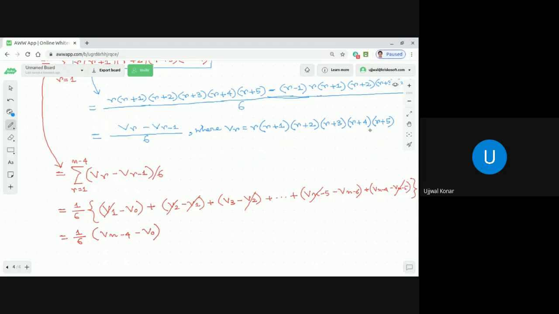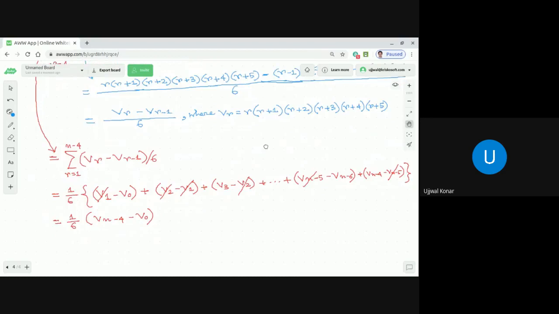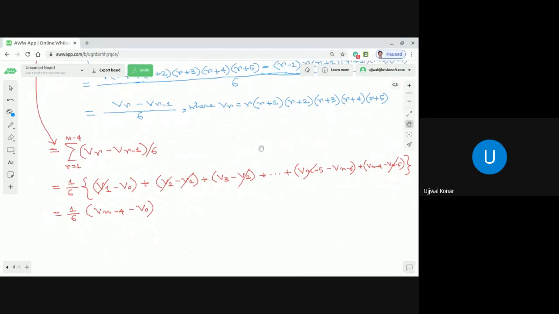Correct? So now all you need to do to find Vn minus 4 is to just replace r by n minus 4, correct or not, dear students? Then what are we going to get? We are going to get 1 by 6 into n minus 4 into n minus 3, correct or not?